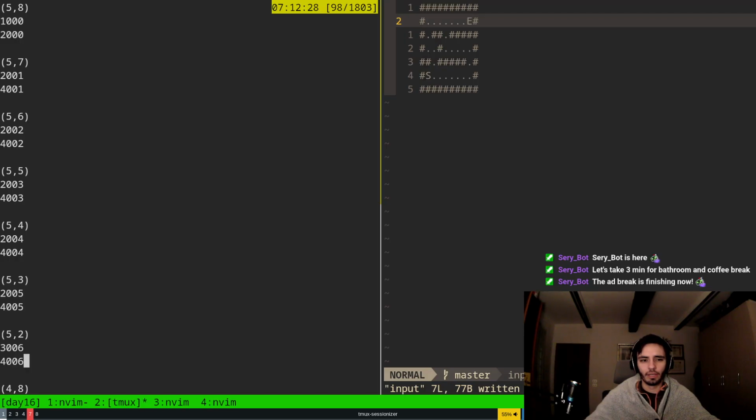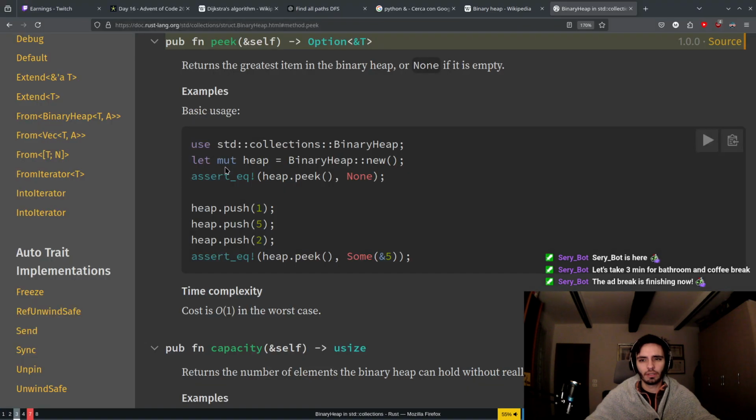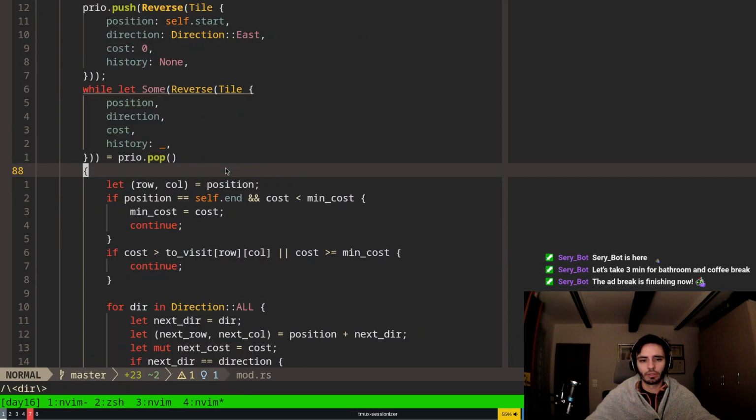So if the goal is 1.8. Yeah, I don't think it's working how I expect it to work.